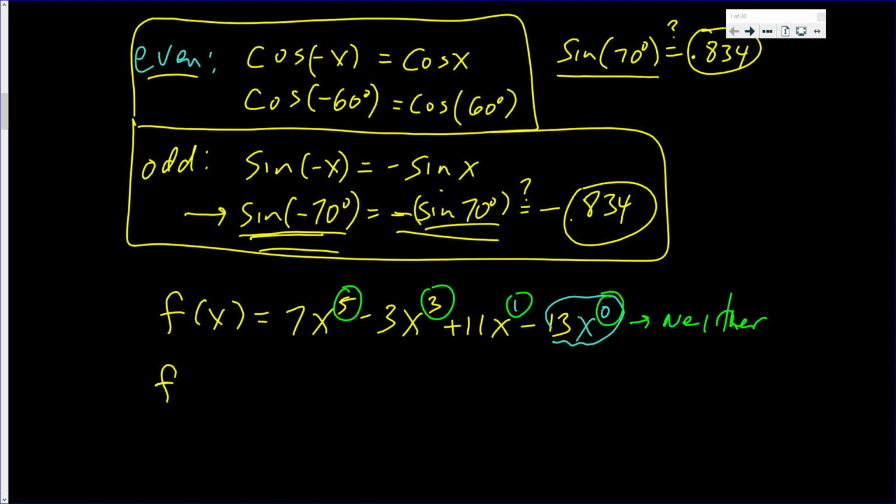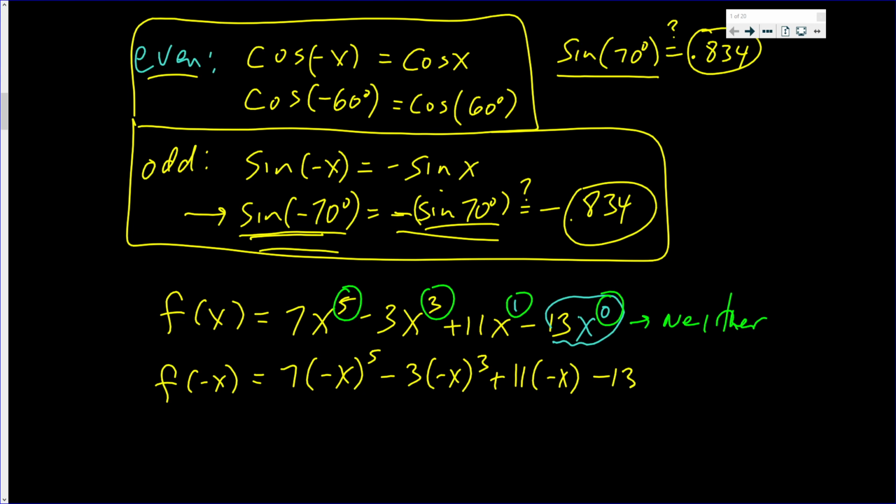And basically, if you were to compute f of negative x, you'd have 7 times negative x to the fifth minus 3 times negative x cubed plus 11 times negative x minus 13. And this will give you negative 7x to the fifth plus 3x cubed minus 11x minus 13.